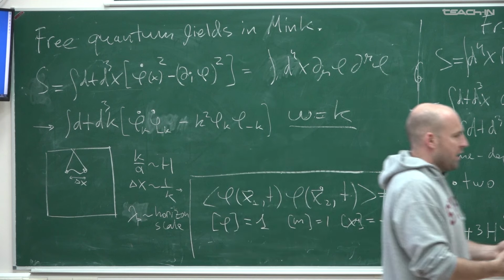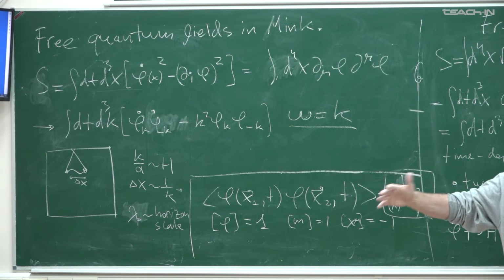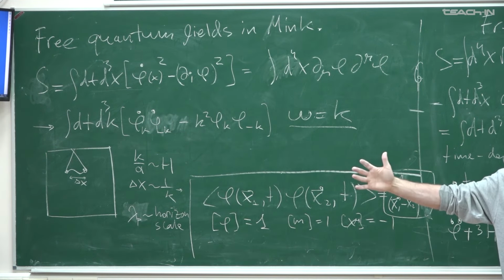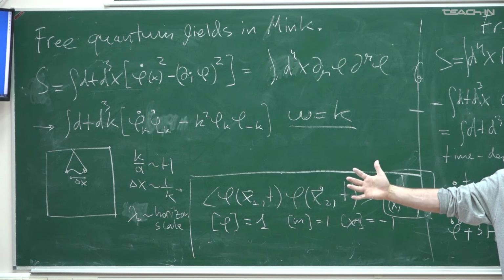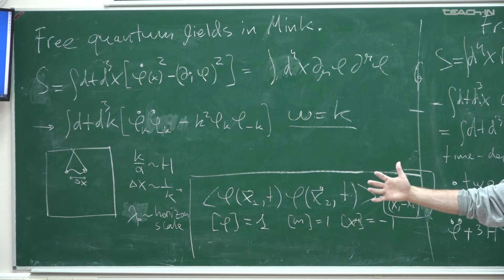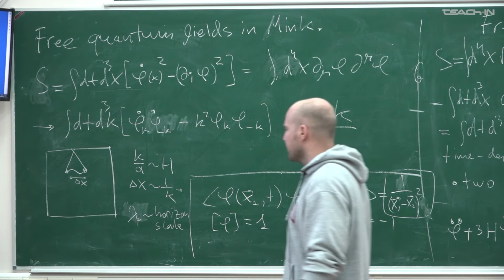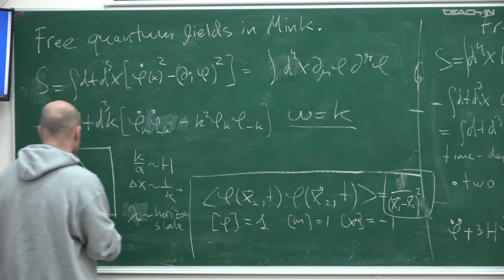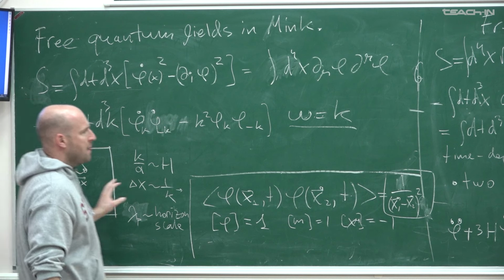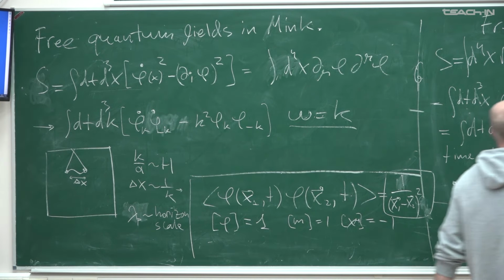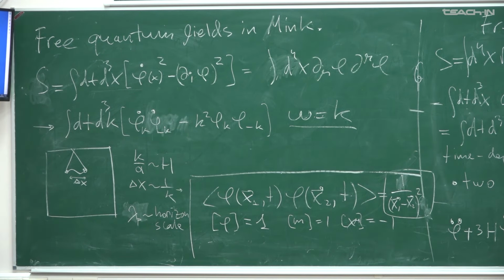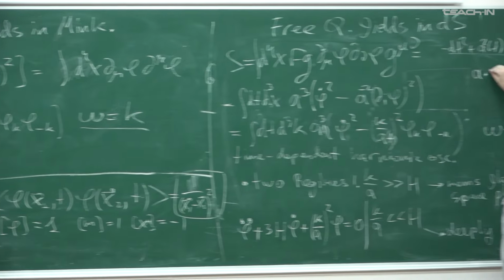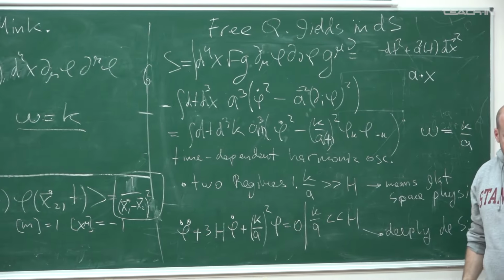Because when will the curvature be important? When we consider fluctuations of a size that is comparable to the curvature of the universe, right? So the curvature of the universe is Hubble, but you see the point is that we do a Fourier transform in x, but the physical distance, the geodesic distance between the points is a times x, right?